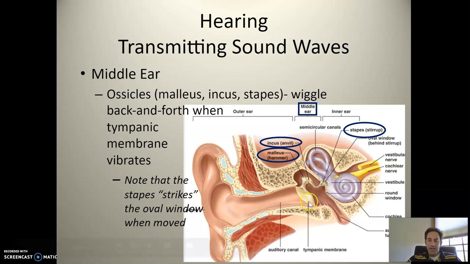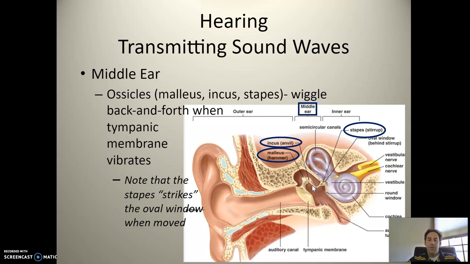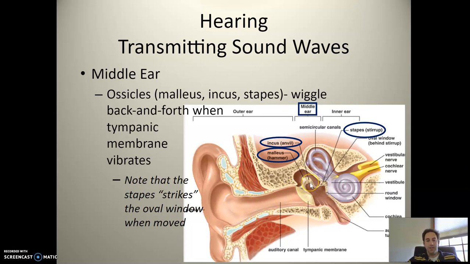So when this tympanic membrane vibrates, these bones vibrate right along with it. Okay, so now we've converted the energy of this sound wave into the movement of these 3 little bones. Now, when those bones move, they kind of bang against what is called the oval window.